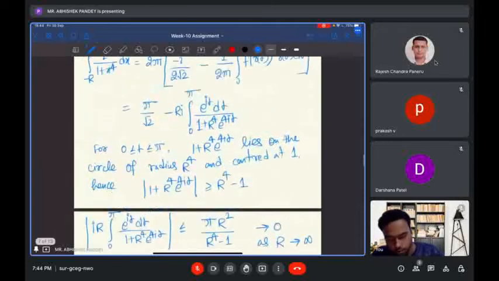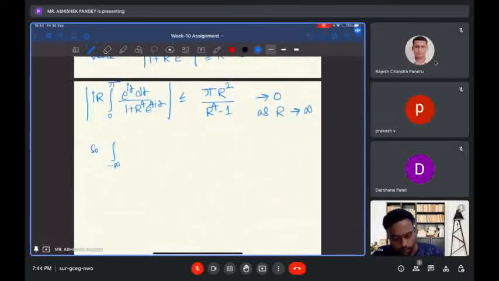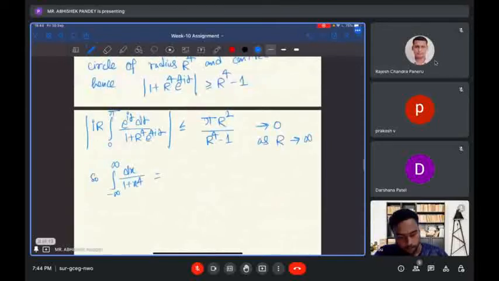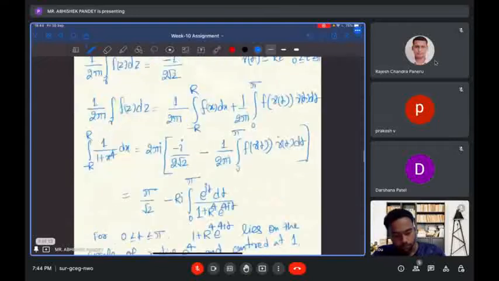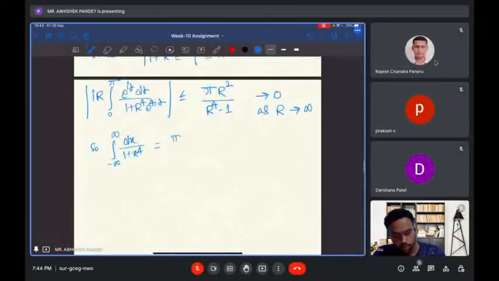So basically what we will get: integral minus infinity to infinity dx upon 1 plus x to the power 4 is equal to pi by root 2 minus limit r tends to infinity of the remaining integral, sorry, wait.